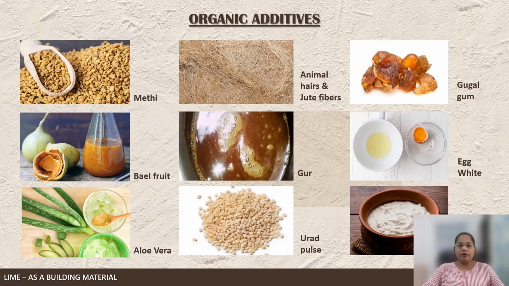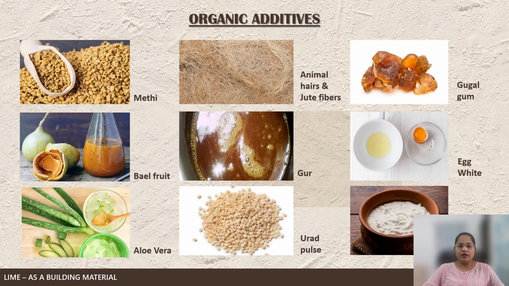Unique practices of making mortar with different proportions of organic matter to impart better workability and waterproofing properties developed across the country. Methi is used as a binder and imparts pesticidal properties to the mortar. Bael fruit is another ingredient used as a binding material in traditional lime mortar, specifically in Maharashtra.